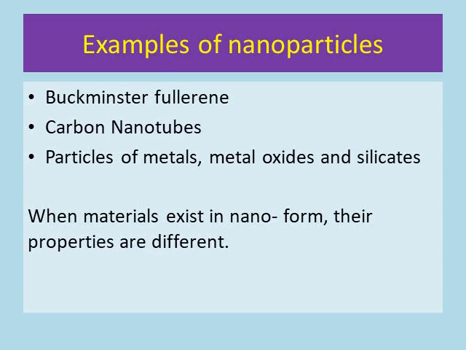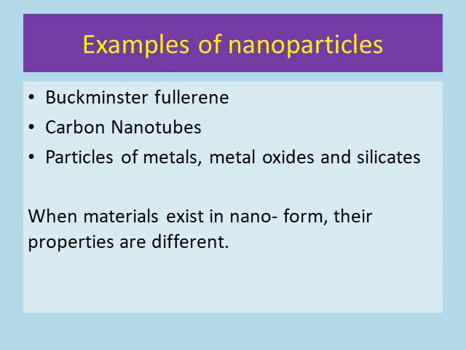Okay, so some examples of nanoparticles. We've come across a couple already. So Buckminster fullerene was that C60 hollow spherical shaped molecule. So that's an example of a nanoparticle. So are carbon nanotubes, which, as we've already discussed, are cylindrical fullerenes.